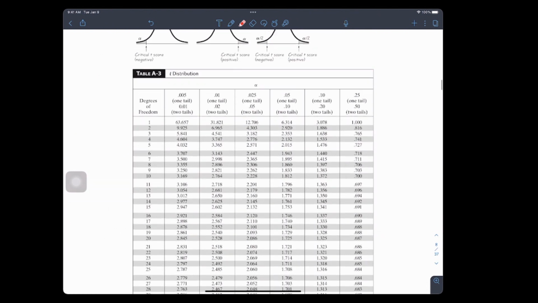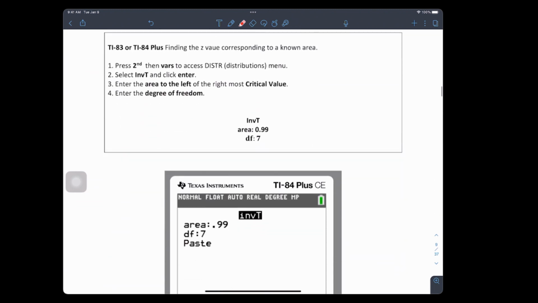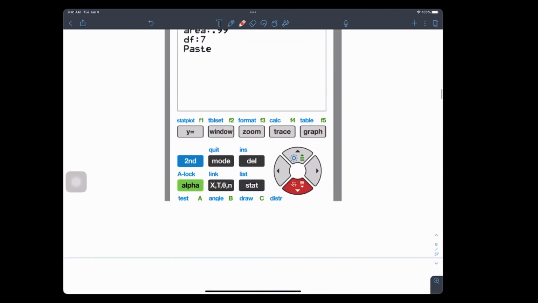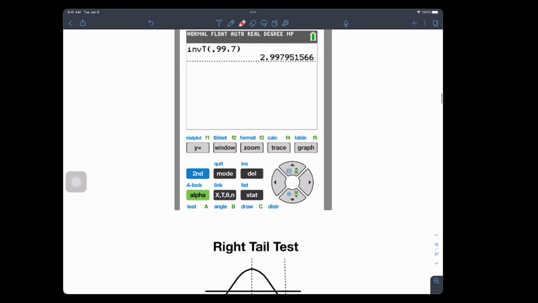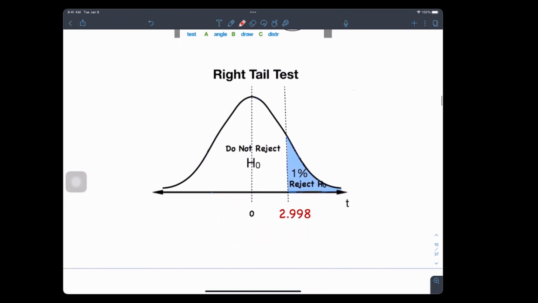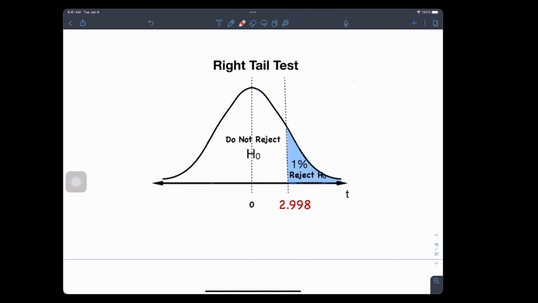Okay, this is t-values again. I show people how to get the critical value. There it is, 2.997. So it's going to be right tail test, 2.998. Your notes are on the traditional method.